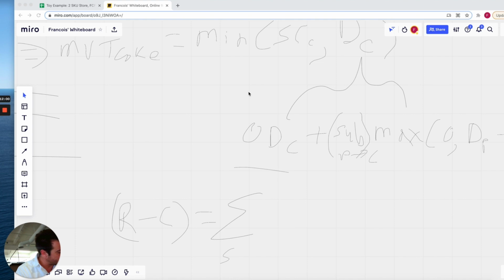The sum of all my SKUs equals the price of that SKU minus the cost of that SKU times the movement. And we define the movement to be the min of shelf capacity for that SKU and the demand of that SKU.